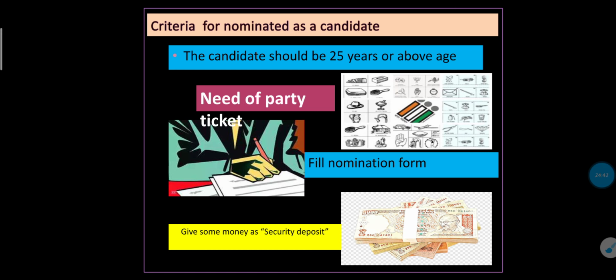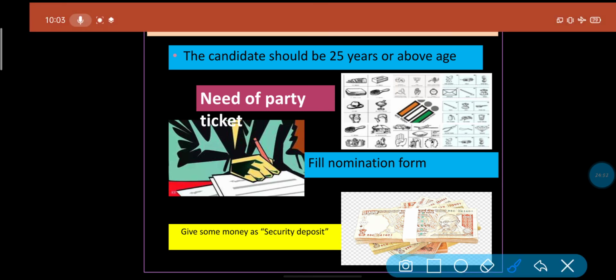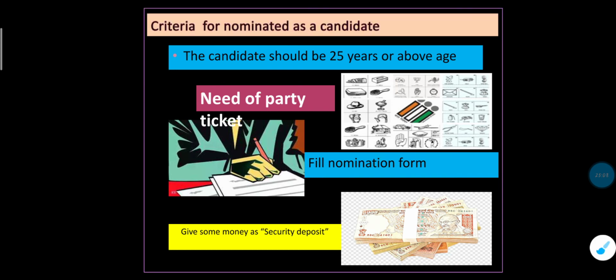So this is the basic criteria or basic condition to become a nominated candidate in the election: you must have 25 years of age, need the party ticket, that is permission, along with symbols and supporters, then fill the nomination form, that is the application form, and give some money as a security deposit. These are all the criteria they have to fulfill.